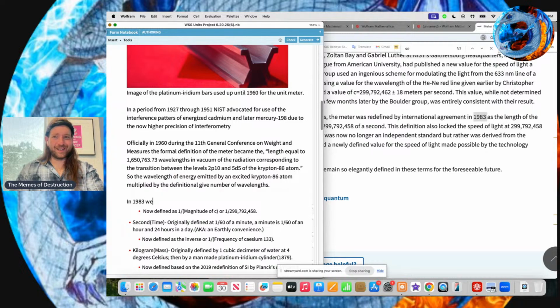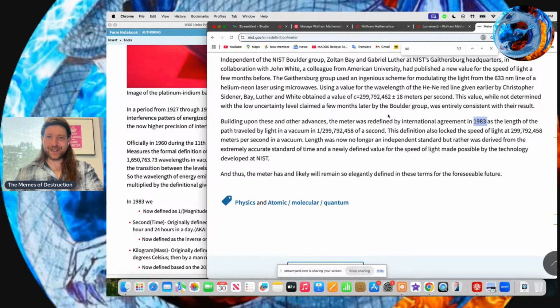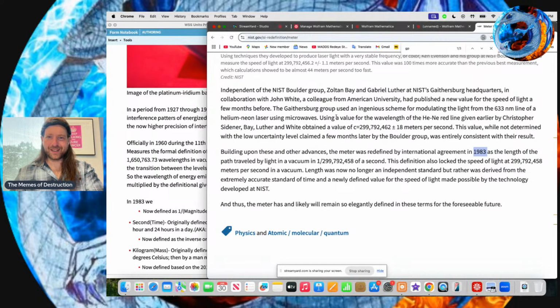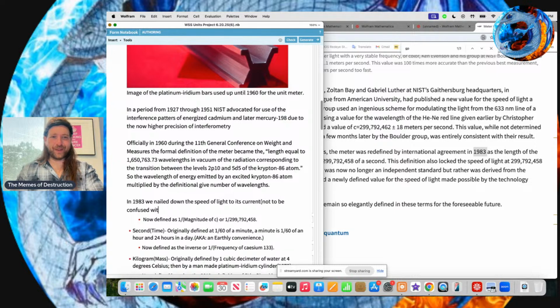1983. The meter was defined as a length. He nailed down the speed of light to its current value, not to be confused with the current that we shall discuss later.